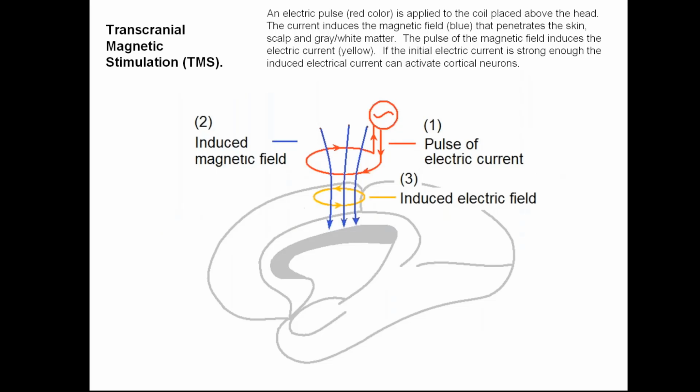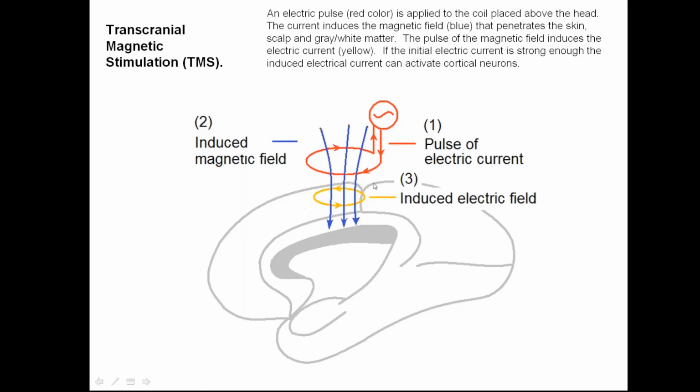The other method is called transcranial magnetic stimulation, TMS, which applies Faraday's law of physics. Basically, current goes through the coil.